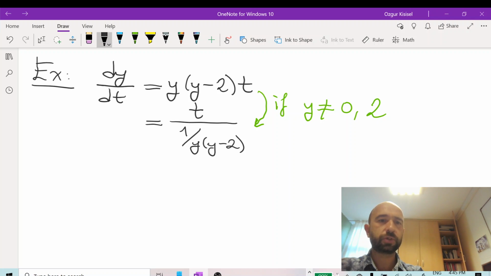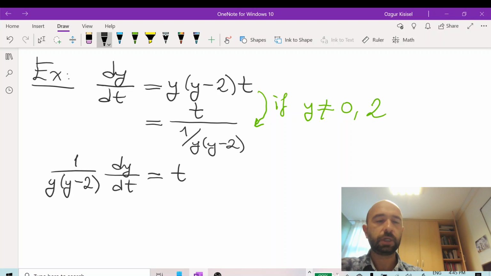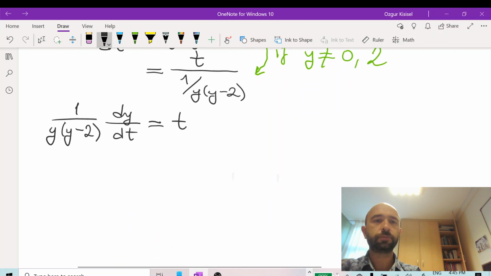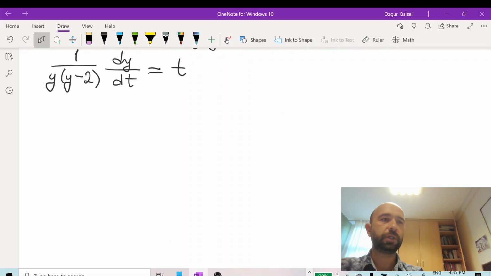Now multiply both sides by this denominator. So 1 over y times (y minus 2) dy/dt must be equal to t. Now we know the next step. We'll integrate both sides with respect to t.